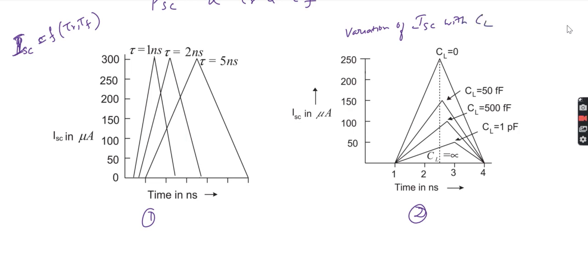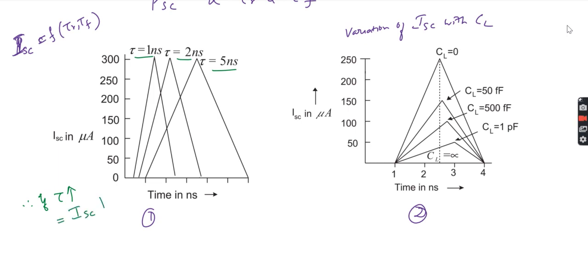Now you can see what is happening. The first one here, tau is equal to 1 nanosecond, tau is equal to 2 nanosecond, tau is equal to 5 nanosecond. What has happened here? When the rise time and the fall time increase, what happened to the short circuit current?